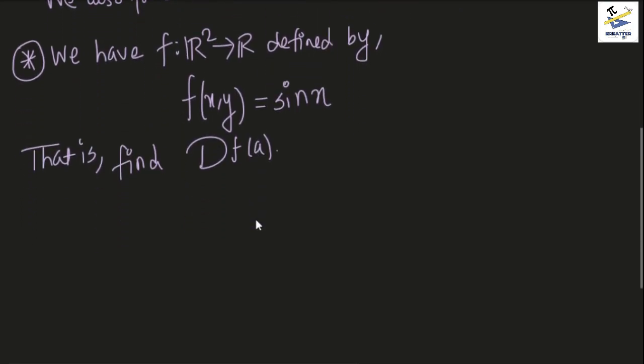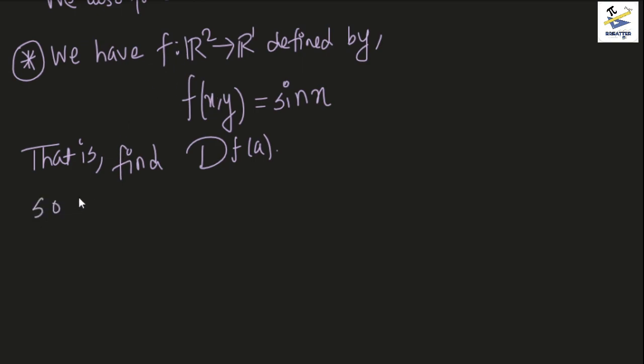Now, notice that whenever you have a function from higher dimensions, the derivative is not really a single number as in the case of one variable calculus, right? It's a derivative from R^2 to R, and of course this would mean that it's from R to the power 2 to R to the power 1.